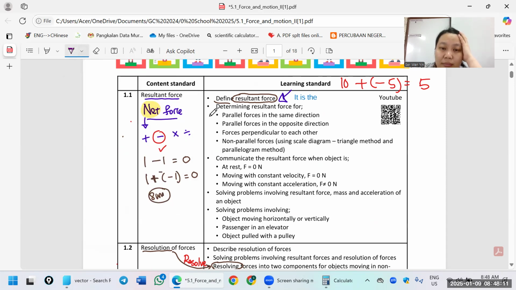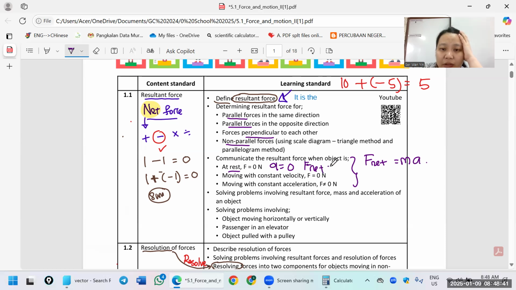Okay, so now determine the resultant force for parallel force, perpendicular force, and non-parallel force. And then we try to apply all of this in net force equals to ma. So if at rest, net force is 0, why? Because acceleration is 0. So m times 0, net force is 0 lah.